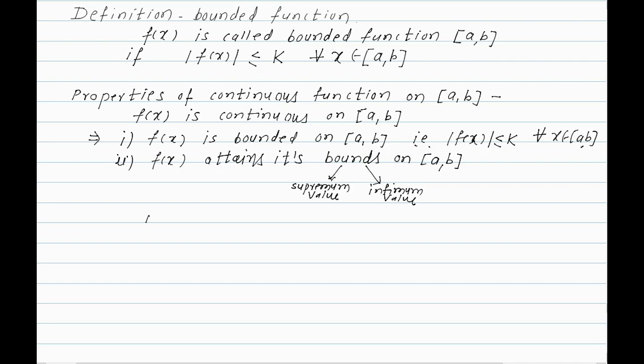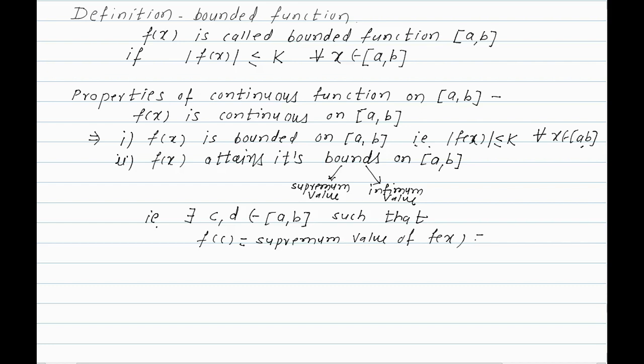What is the meaning? That is, there exist some numbers small c and d in closed interval a comma b such that f of c, this value is supremum value of f of x, and we write it like this.